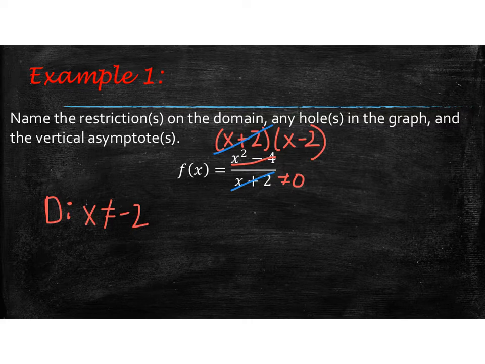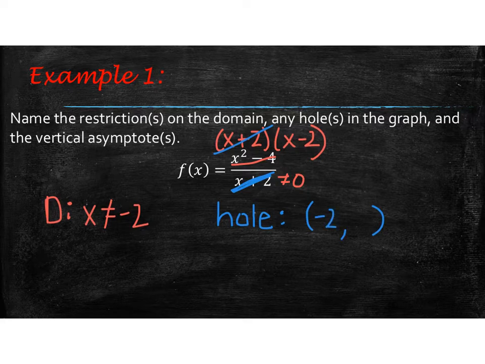All right, so at this point, we can go ahead and write down the x value of our hole. Your hole will be an ordered pair, so it'll be a point. What canceled is part of the hole, so it's when x equals negative 2.